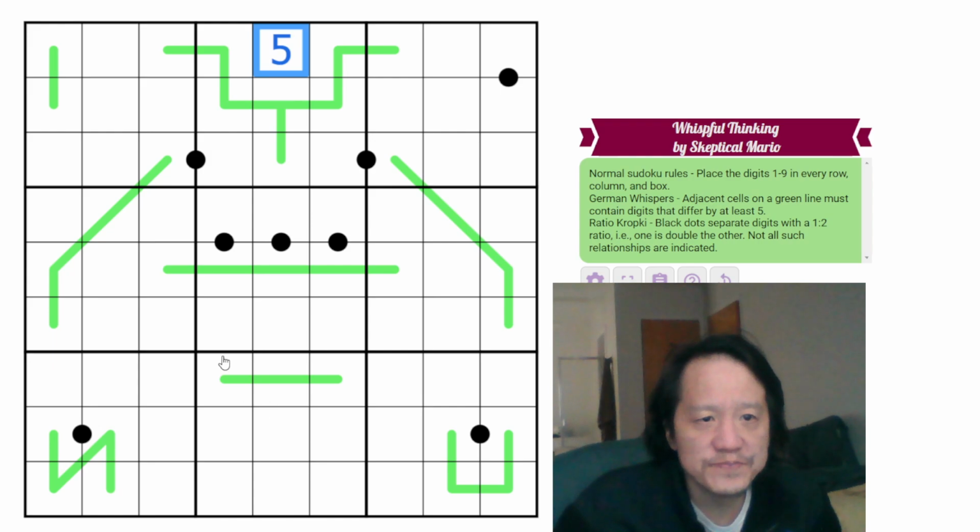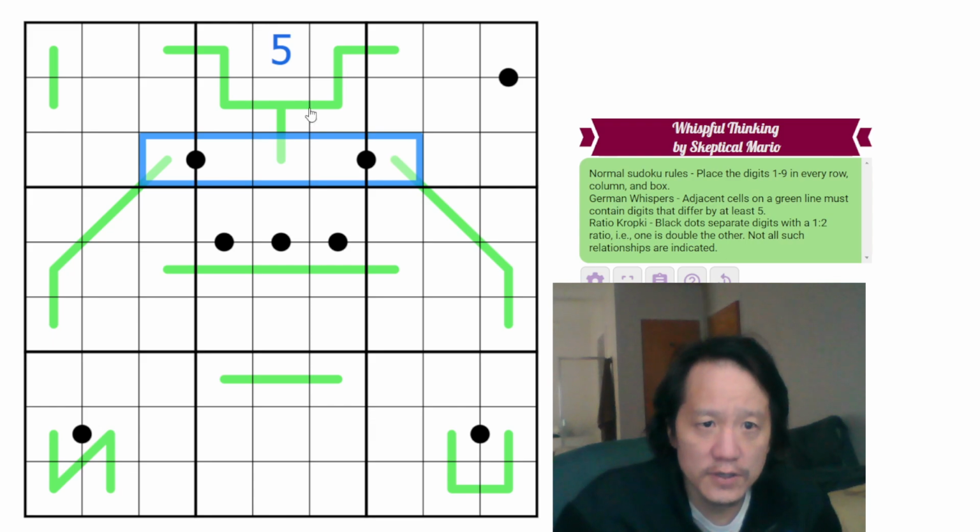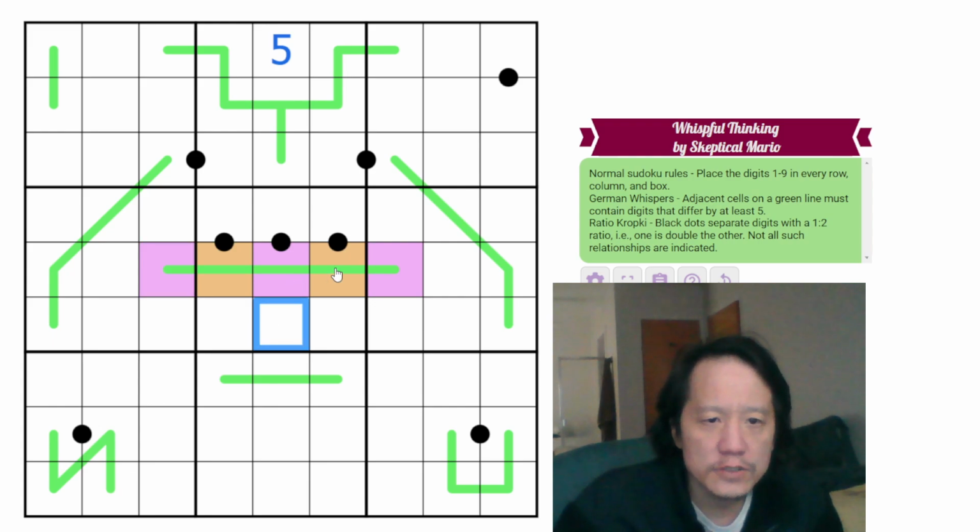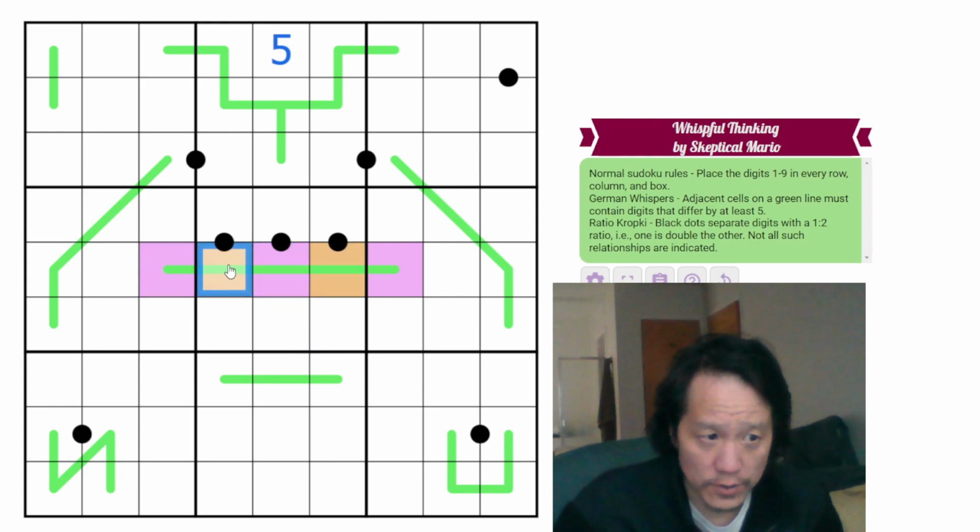Let's see. So we know the 5 can't be any of these. Okay, let's use this one. So this one will start with pink, and then we'll make these orange. And then this is pink, right? So we have 2 oranges here.